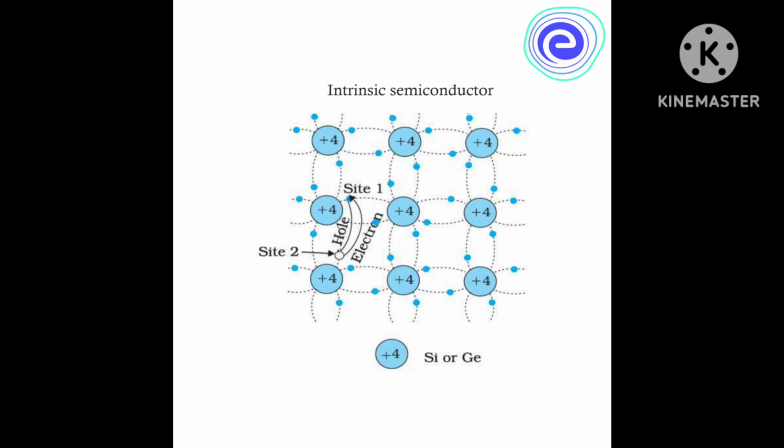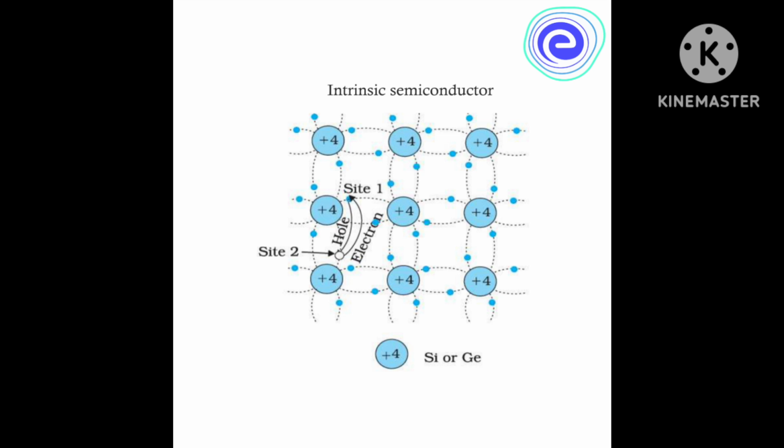Electron is responsible for magnetic properties. Each electron in an atom behaves like a tiny magnet.